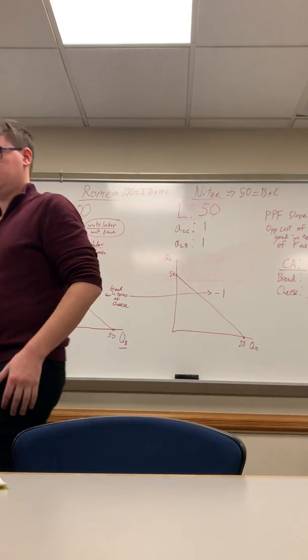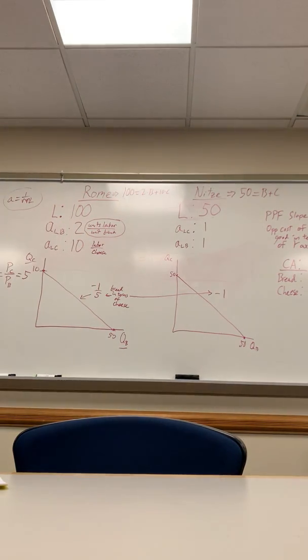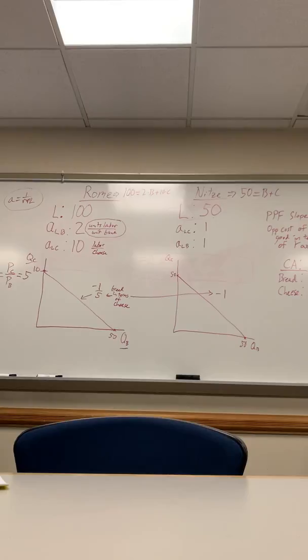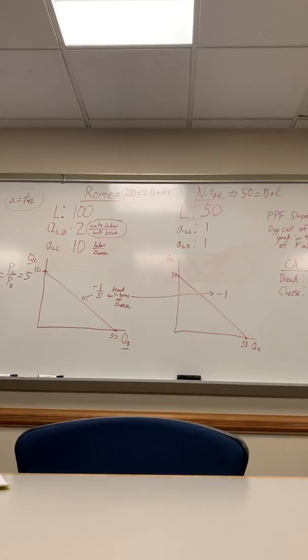Now, just to think about it, so I'm framing it properly. To get 1 more unit of bread, you give up 1/5 of cheese. Yes. And so the opportunity cost is what you're giving up.